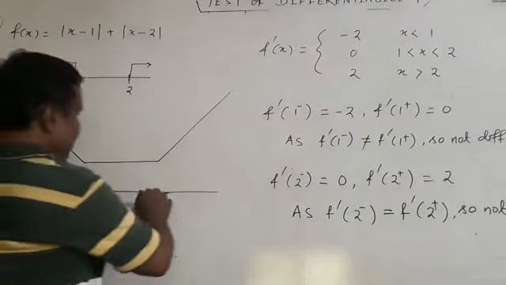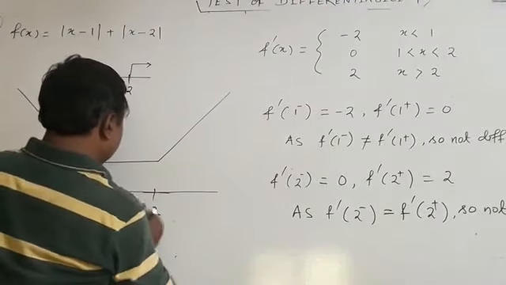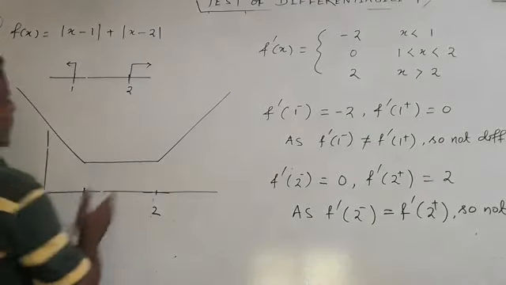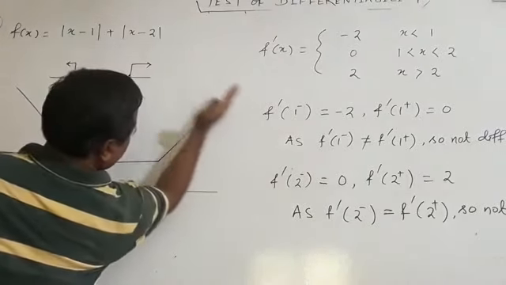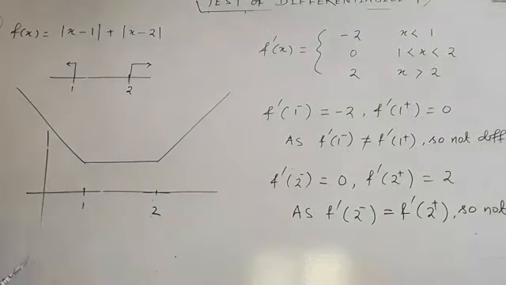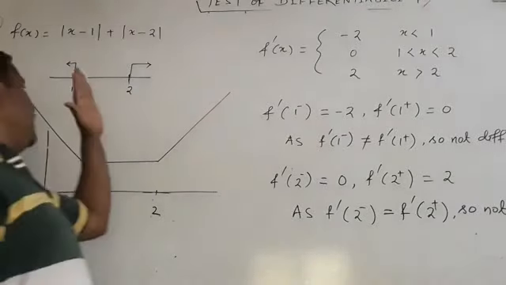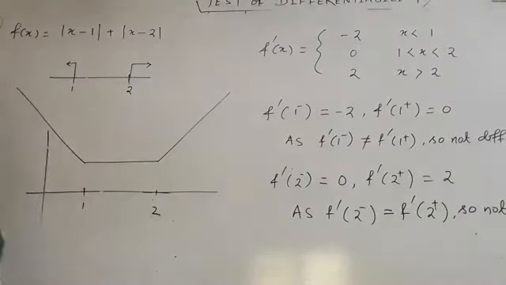When x is more than 2, it is inclined towards the right, so its slope is positive. Mind it: a line inclined towards the right has positive slope, and inclined towards the left has negative slope.